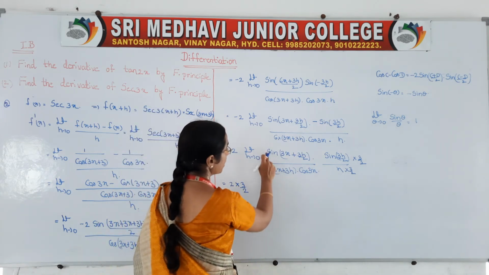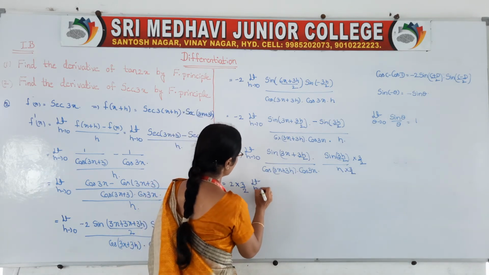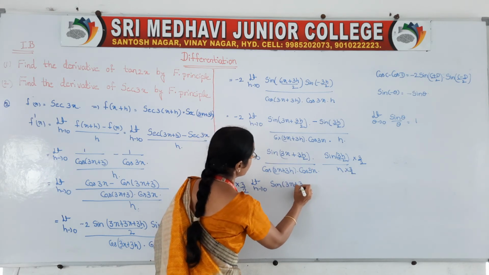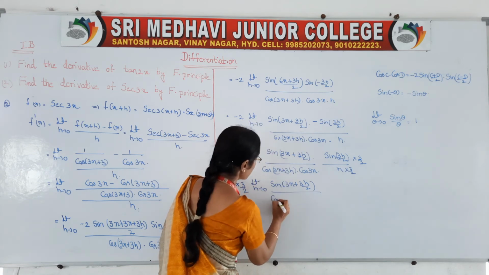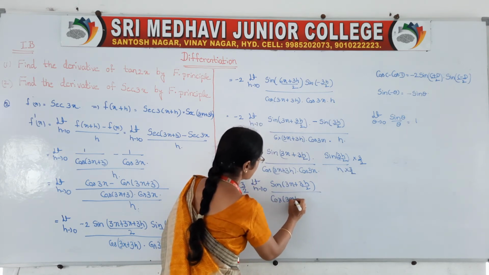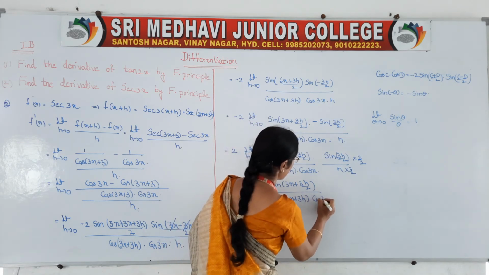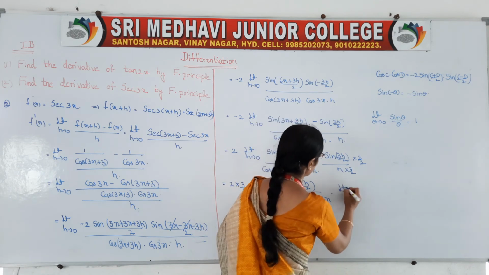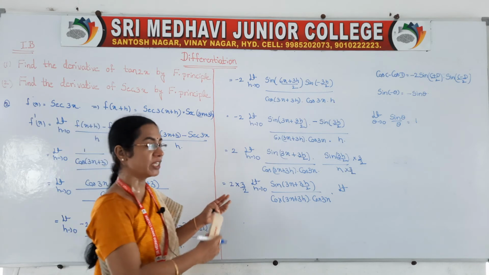Now apply the limits separately. Limit h tends to 0, sine 3x plus 3h by 2 by cos of 3x plus 3h into cos 3x, and here also you apply your limit. We can apply limit for numerator, denominator, product form, each and every term.